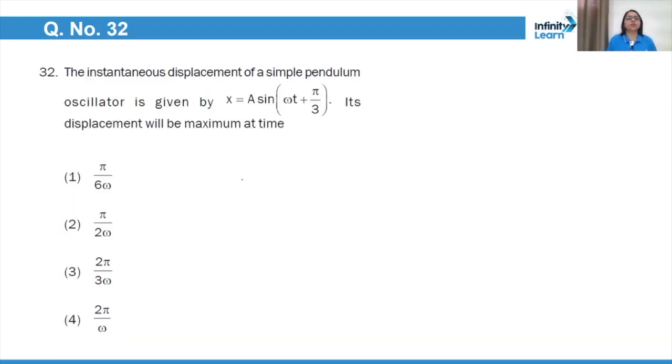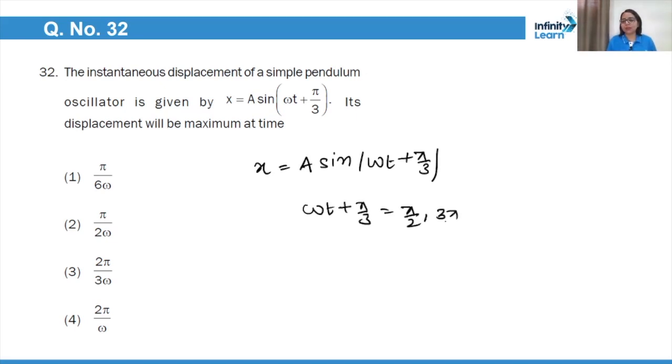Question number 32. The instantaneous displacement of a simple pendulum oscillator is given as A sine omega t plus pi by 3. Its displacement will be maximum at time? Its displacement will be maximum when sine is maximum. Sine is maximum, that is plus 1, when omega t plus pi by 3 is either pi by 2, 3 pi by 2, 5 pi by 2, and so on.